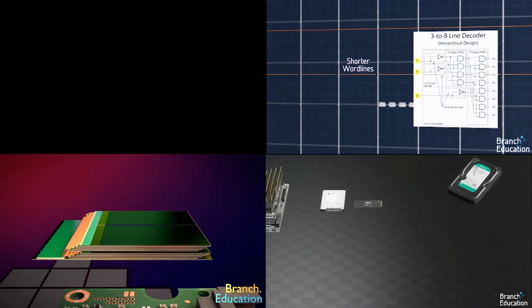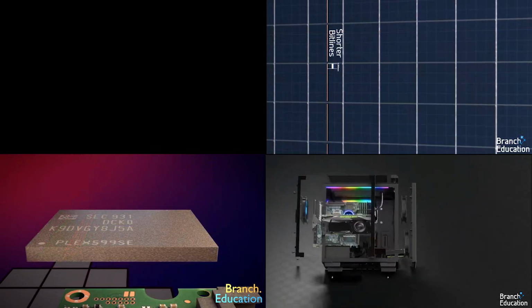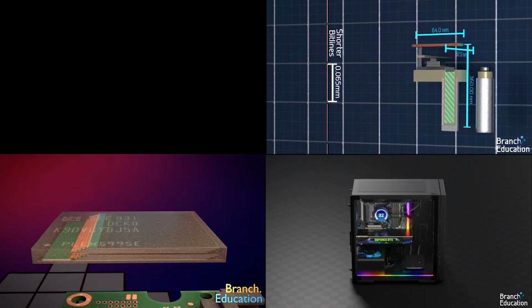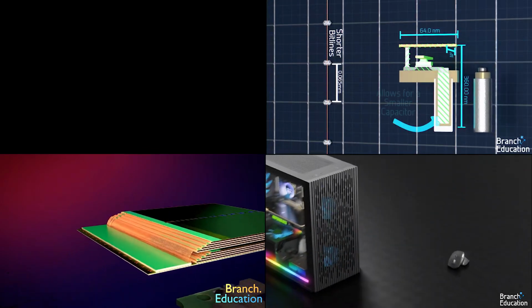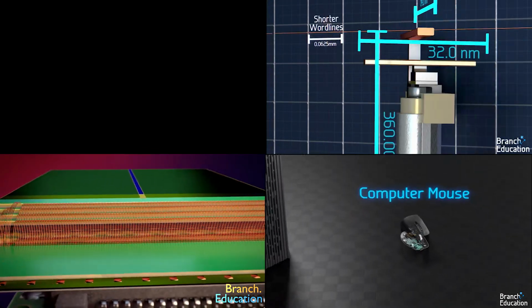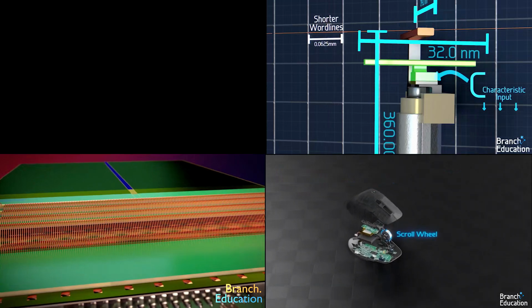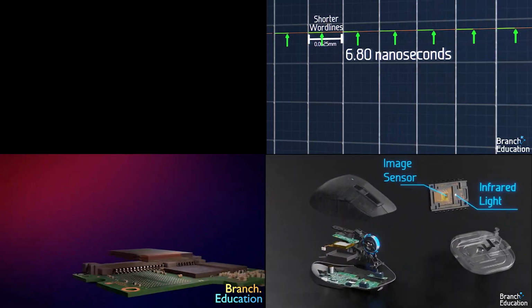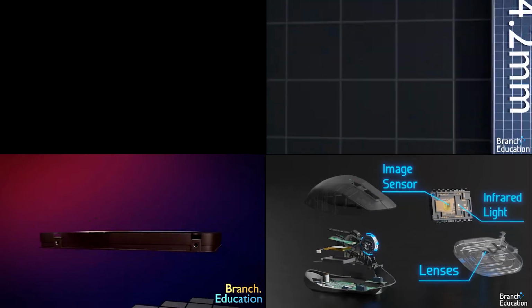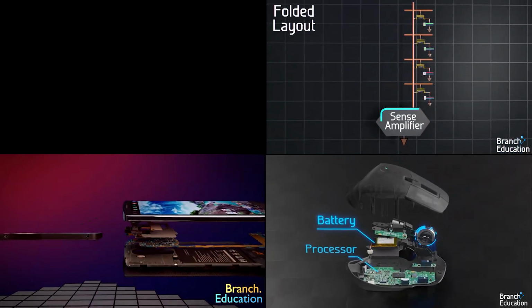Thus far, we've covered all the hardware inside your computer. So, thanks for watching this far. And as a bonus, here's what it looks like inside a computer mouse with the scroll wheel up top, the infrared light, image sensor, and multiple lenses down here, and the battery and processor in the middle.